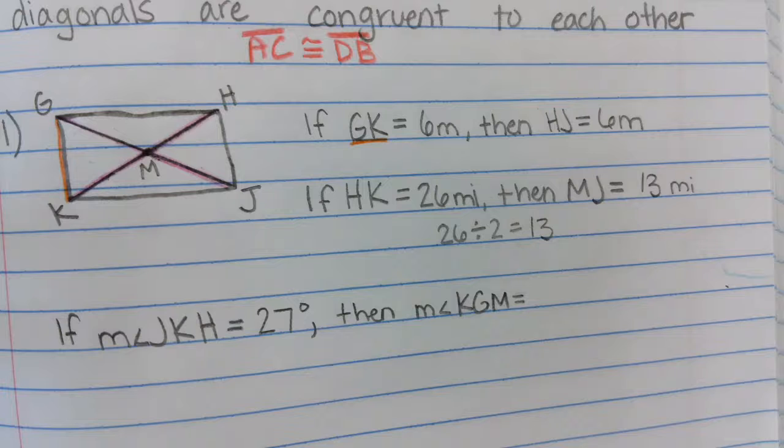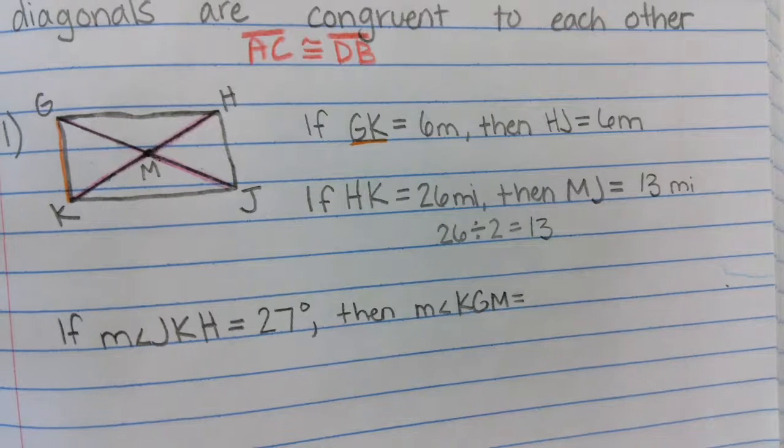So where is JKH? If I look for JKH, J to K to H, so that's this bottom angle here. So we're saying that that angle is 27 degrees. We know that.